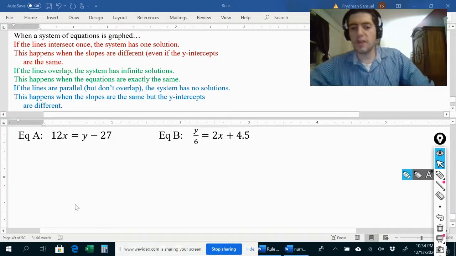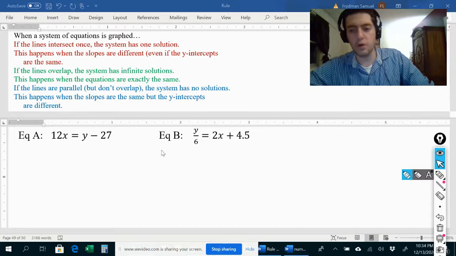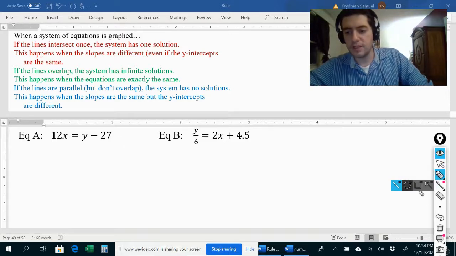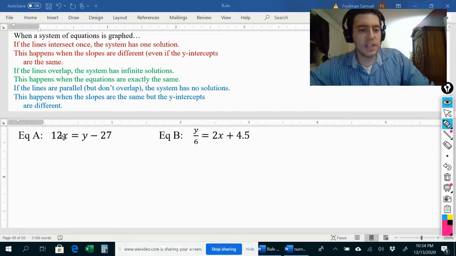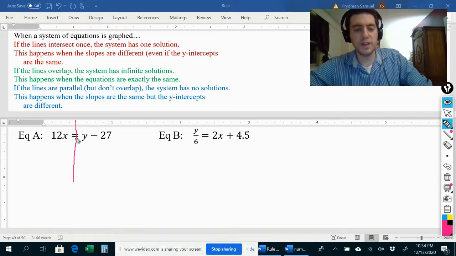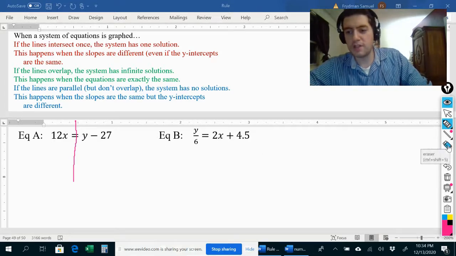All right, so again, we're just going to solve for y. Remember, it's the equal sign that separates the two sides of the equation, and we want to get everything away from y. So the only thing that's on the same side as y in this equation is that minus 27 there. So that's not too hard.